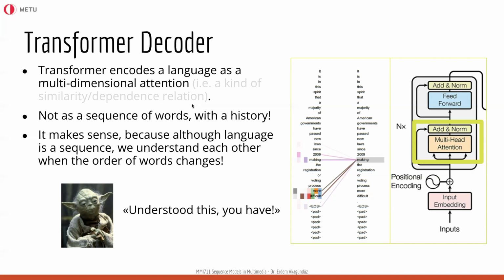I mean, it's before or it's after. However, in a language, it's not usually so. I mean, you can change the order of words. So that relation is complicated. That's why transformer uses this multi-dimensional dependence relation, self-attention, because when you change the words of a sentence in any language, you can still understand.